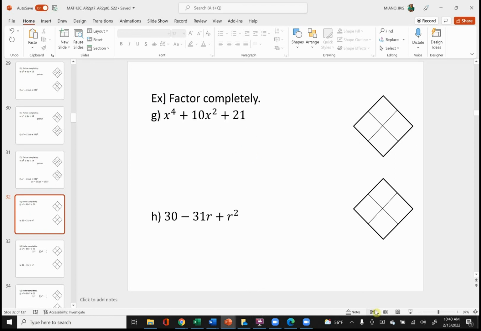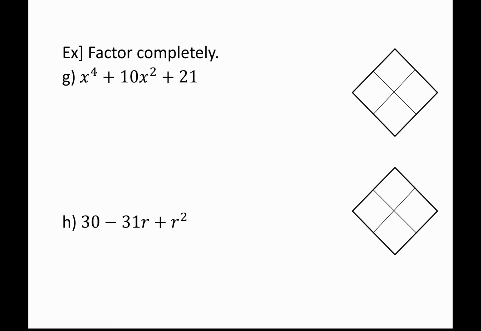But let's get back to our examples of factoring, and now we're factoring, no, sorry, this is a fourth degree trinomial in example G, but it's quadratic in nature, so we could still treat it like we would factoring a quadratic, or second degree.